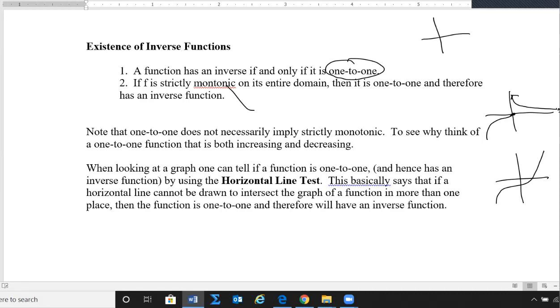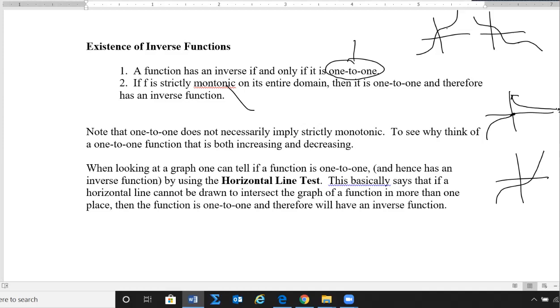Monotonic looks like this. Comes up like that. Okay, where it's always increasing, or you might have something that looks like this. So it's always going downward. That's what strictly monotonic means.